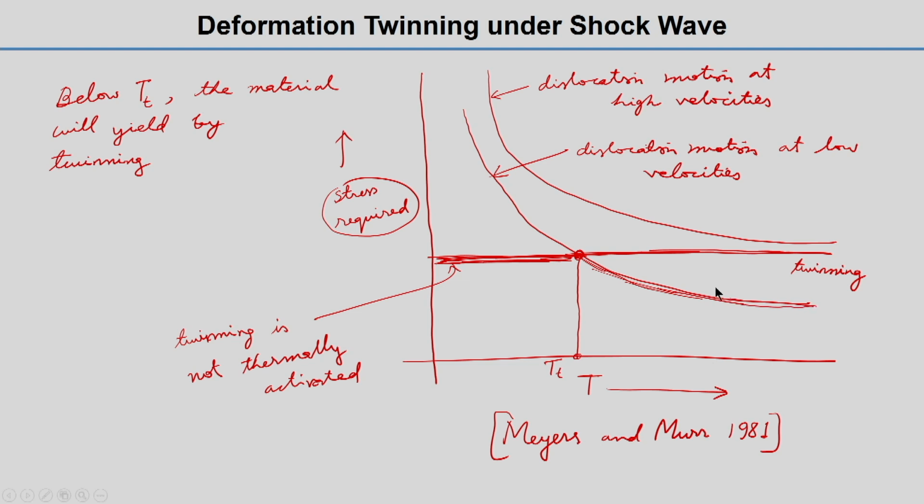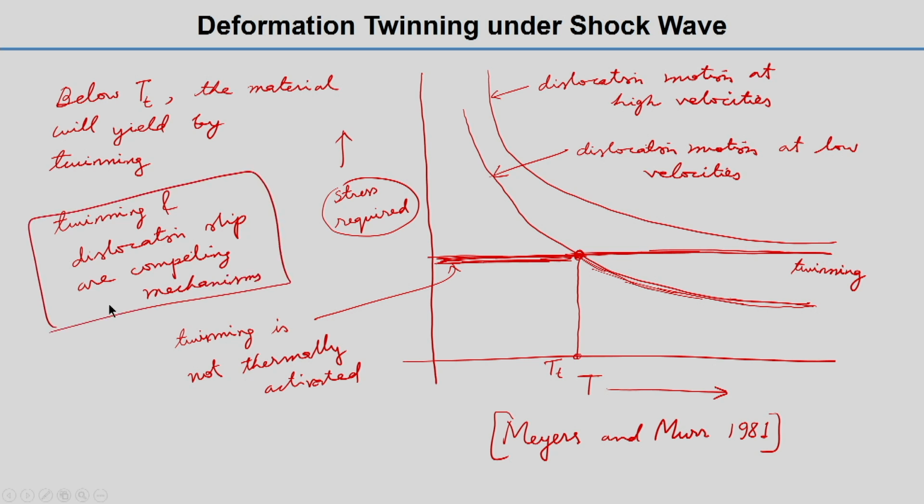So as we can understand, again I am repeating this, we discussed earlier also, twinning and dislocation slip are competing mechanisms.